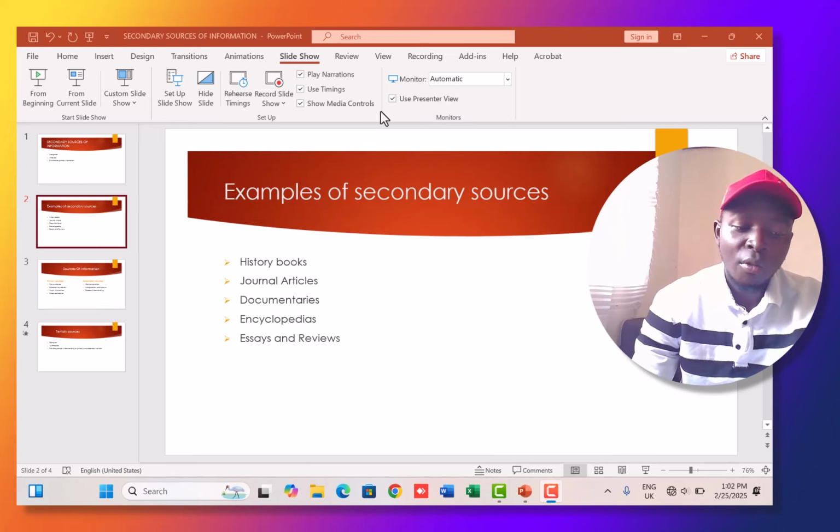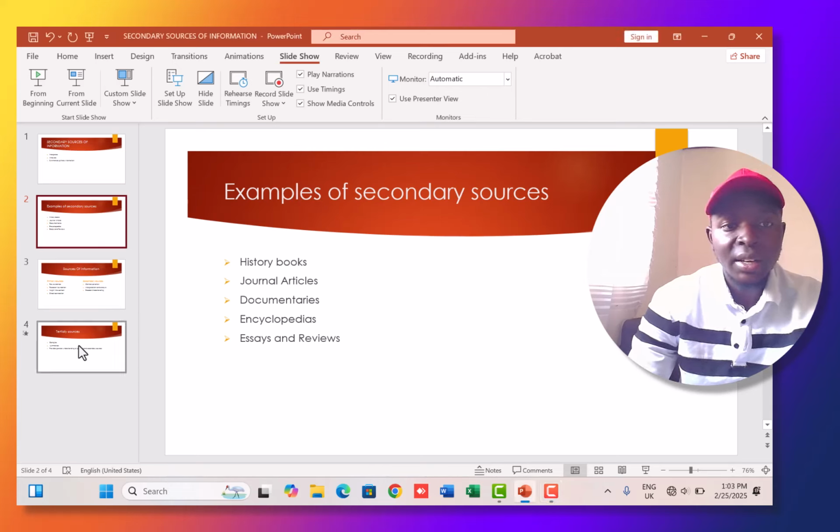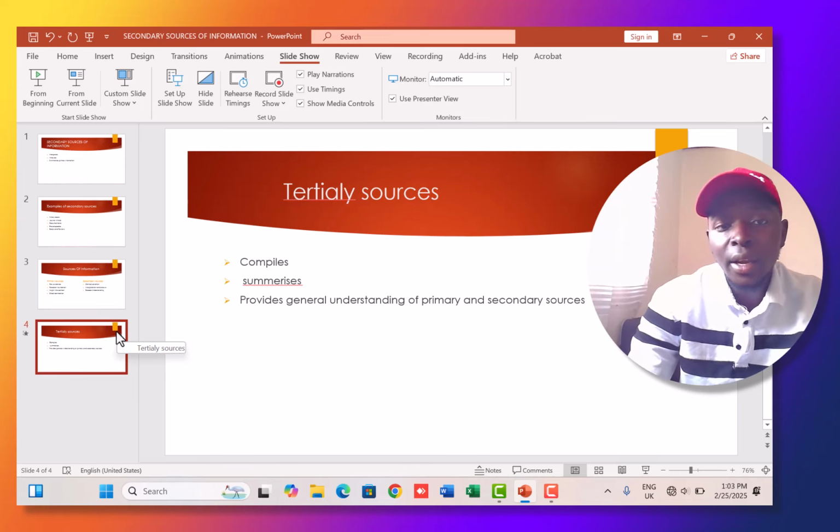So we can also have a simple look at the tertiary sources of information. As we conclude, you can see that the tertiary sources of information compile and summarize, and also provide a general understanding of primary and secondary sources.